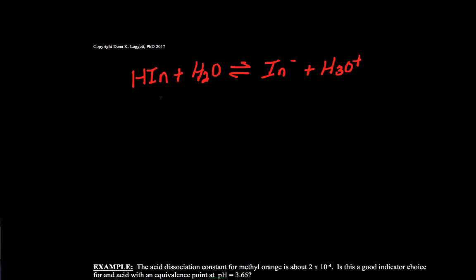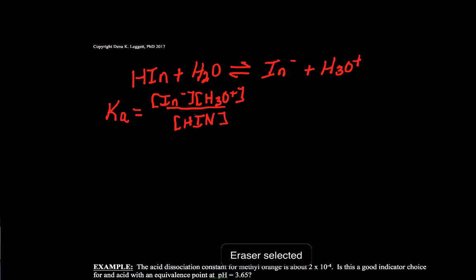Now, if I wrote the Ka for this, Ka is the acid dissociation constant, the equilibrium constant for weak acids. It would look like this. Whoops, it's a lowercase, but you get the idea. Let me fix that for us so you don't get confused. Symbols have meaning, I tell my kids.